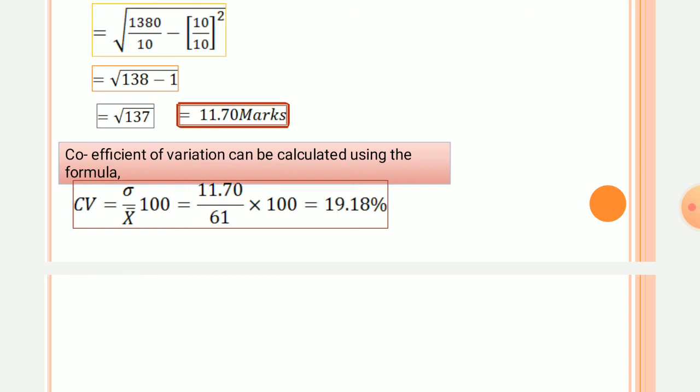So this is the way in which you can solve the problems on the coefficient of variation under the methods of individual series, discrete series, and continuous series, without getting any confusion.